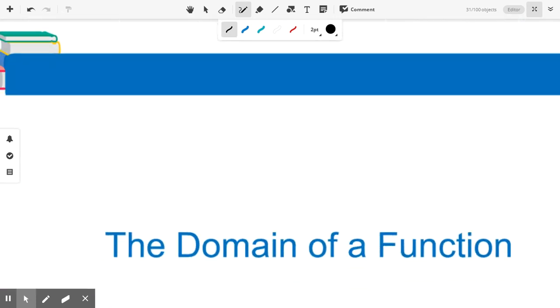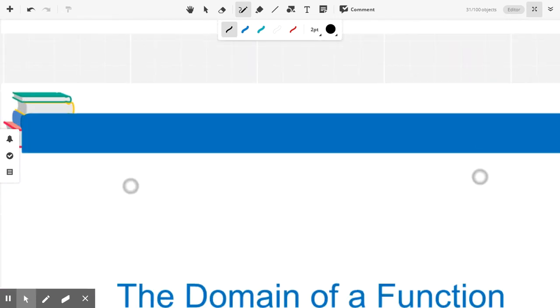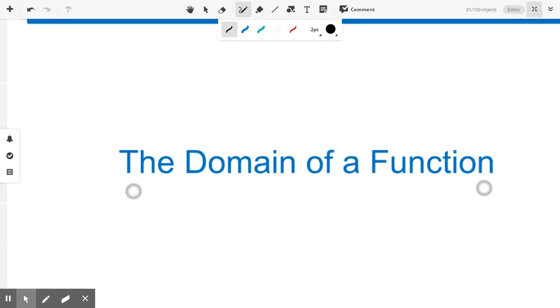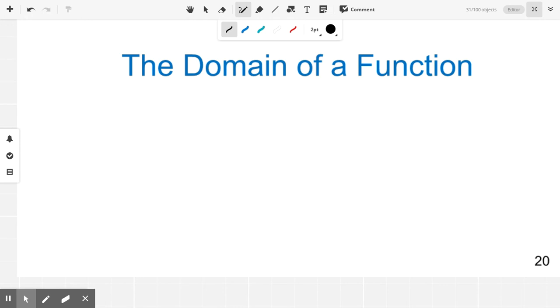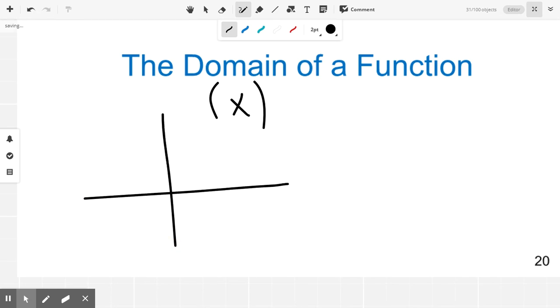All right. So that is all we're looking at to do right now with the function notation. Now let's talk about domain of a function. We said earlier the domain is associated with the input or the x value. If you were looking at a graph, the domain would be all the x values that this graph touches.